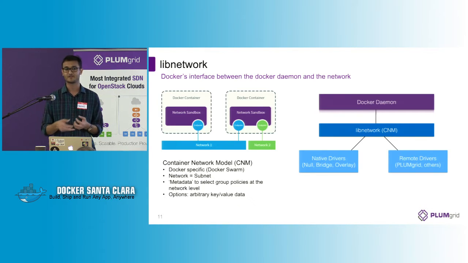An endpoint is like an interface of a Docker container, or you can call it a veth pair, which has one end inside the network namespace or network sandbox. And then there is the notion of a network, which is like a group of endpoints where containers can talk to each other. This is the definition of CNM, and libnetwork is an implementation of that.